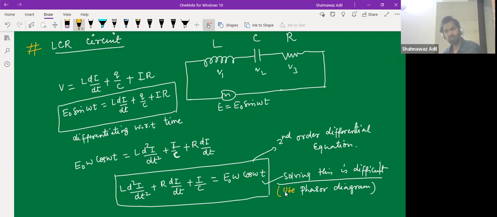Only two topics will be remaining there: resonance and what? Resonance and transformer. So those are also the easier topics, so that in the next class those two topics will be done quickly, right? So this LCR circuit is very important.